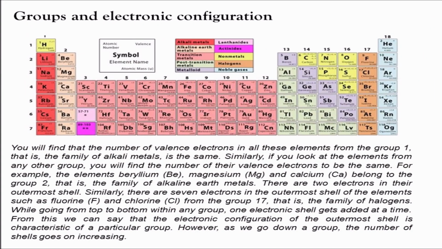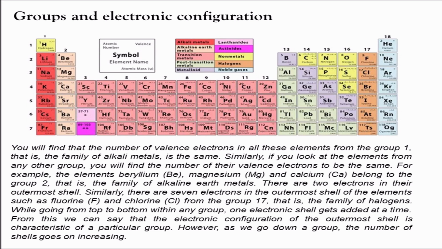I would like to tell you, we find the number of valence electrons in all these elements from group 1, that is the family of alkali metals. What do you mean by valence electrons? The number of electrons at the outermost shell of an atom is known as the valence electrons.